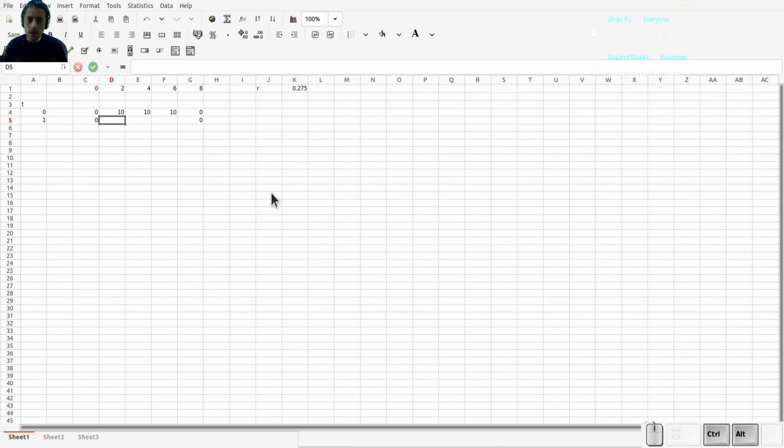Well, we have r times the neighbor to the left at the previous time step, so we're calculating for the next one, plus 1 minus 2 times r times the same node at the previous time step, plus r times the next node in space.